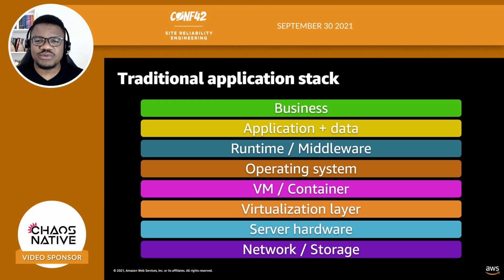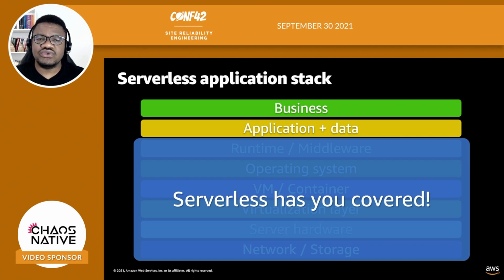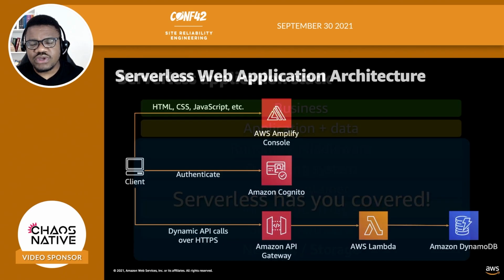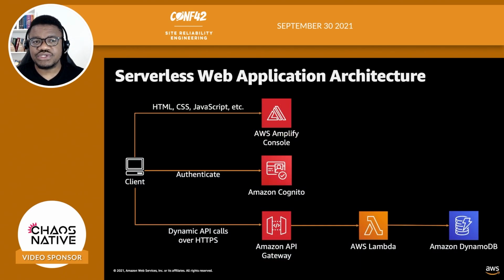They are all your responsibility to manage and maintain and make sure they are up to date. What serverless does for you is remove that undifferentiated heavy lifting that comes with managing all these layers of the stack. We take care of quite a number of layers within the typical application stack, and as a customer, you focus only on your application code, your data and the business logic. Let's look at an example of what a serverless application looks like.